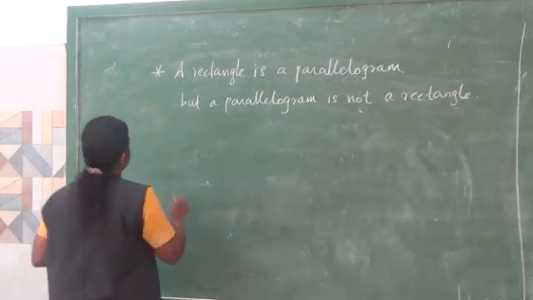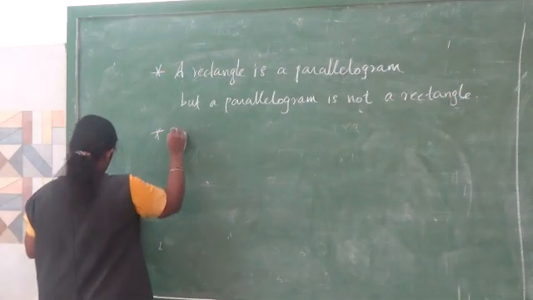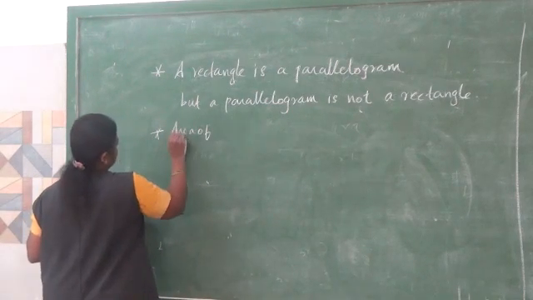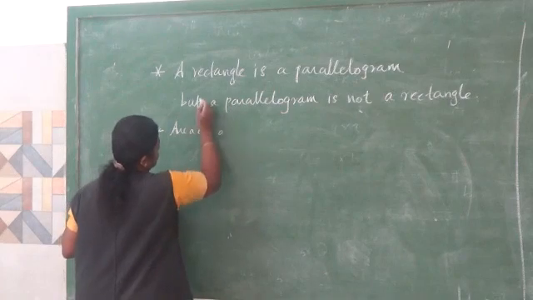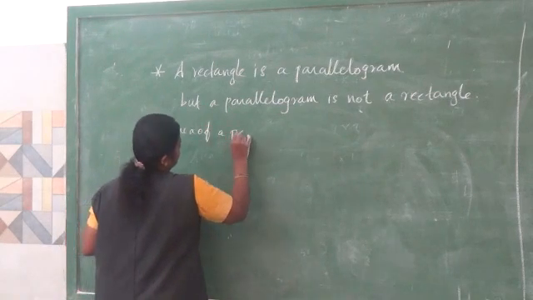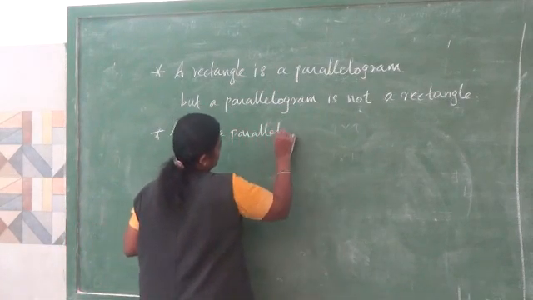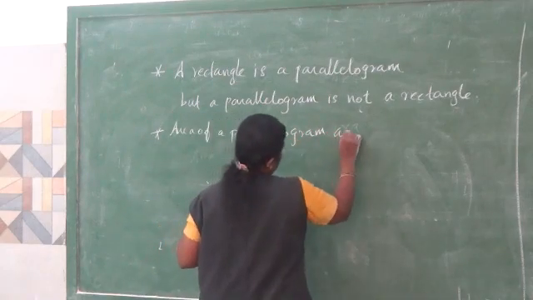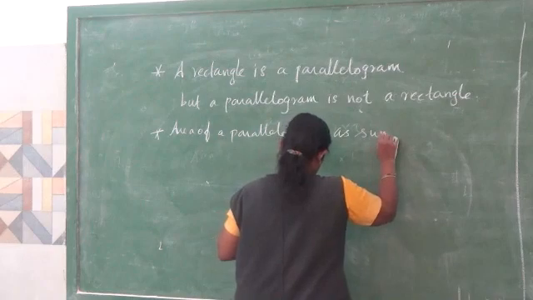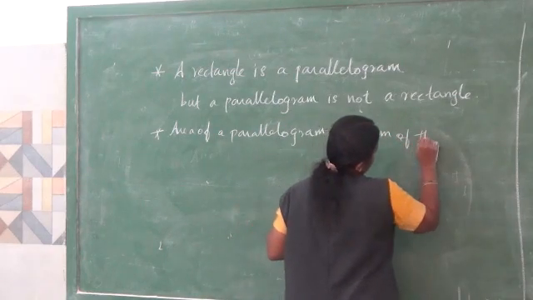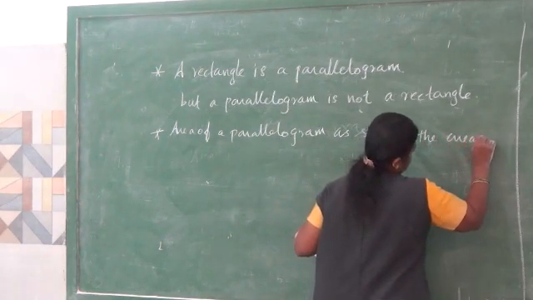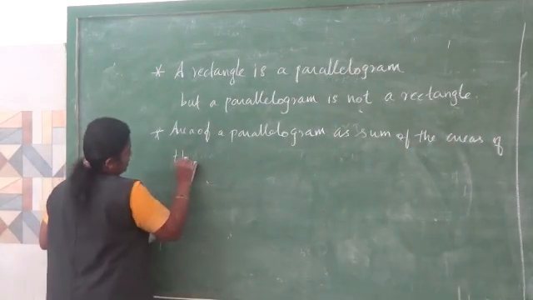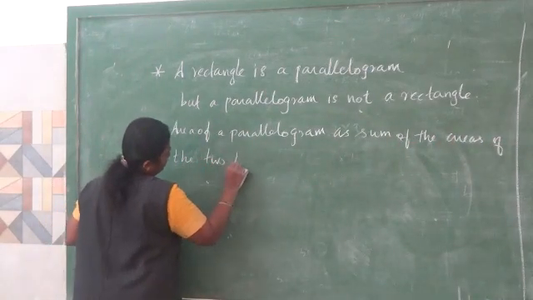And one more property also we can say, area of a parallelogram as sum of the areas of the two triangles.